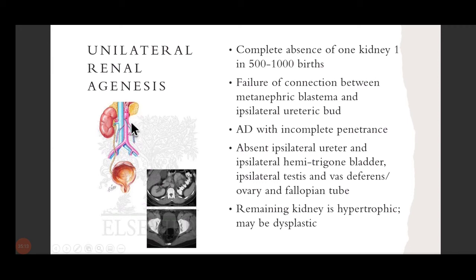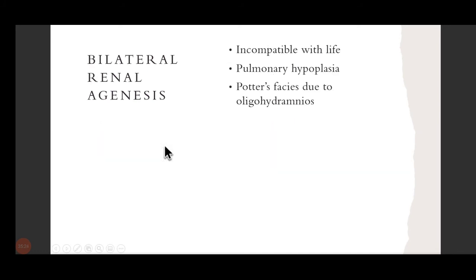So you see there is absence of the kidney, the ureters, the vas deferens, and you can see in the CT scan that there is only one kidney, right? Bilateral renal agenesis is not compatible with life. There is pulmonary hypoplasia and peculiar Potter facies.